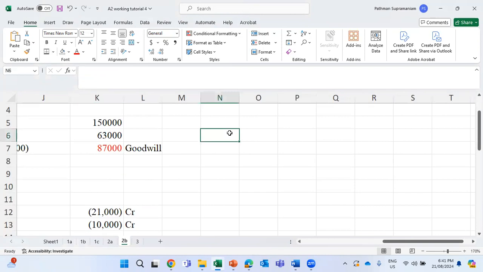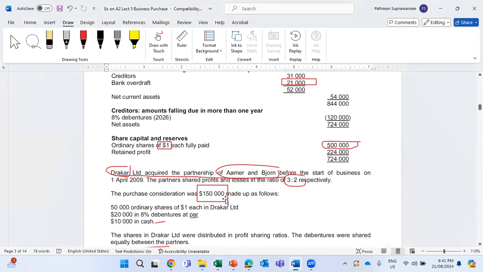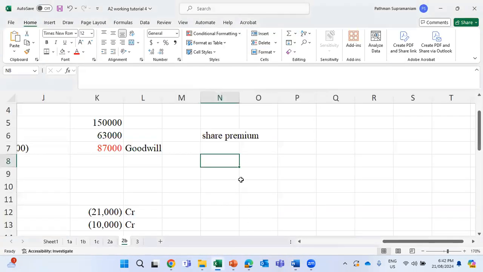Show you the calculation here. Show you once again. 150,000 minus 20,000 minus 10,000 is 120,000. So 120,000 divided by 50,000 shares.